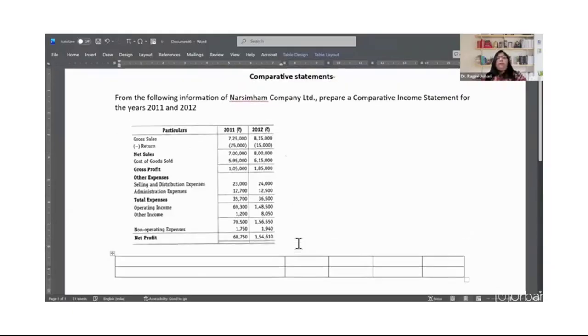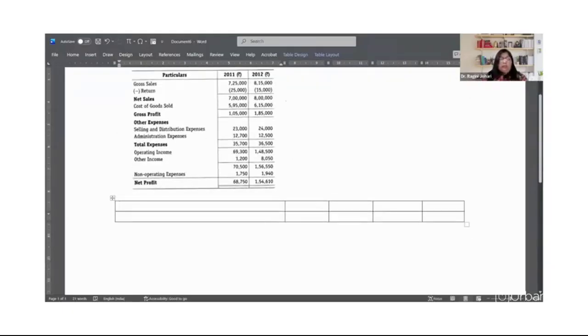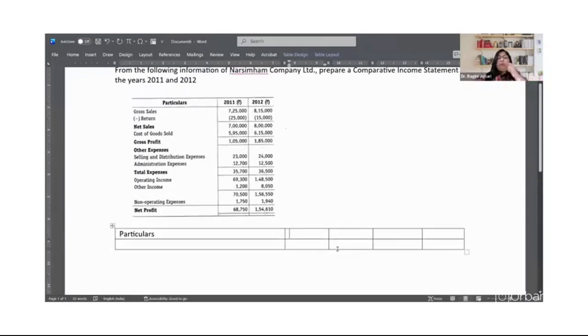The format for comparative analysis goes like this. We have particulars, then in the first column we post the data for the previous year, that is, year 2011.